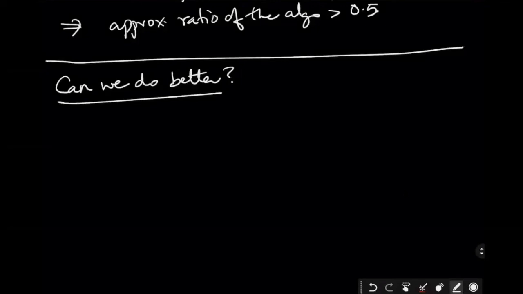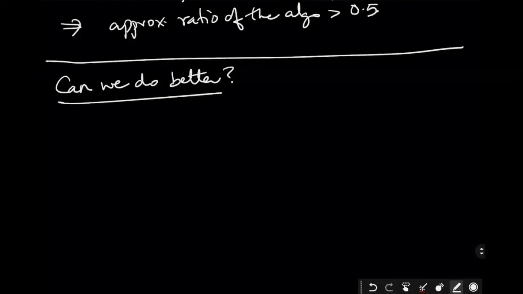So we designed a very simple, or actually, in retrospect, it was a very simple analysis. But as we talked earlier, it took a while for people to come to this point. We designed a simple algorithm that achieves 0.878 factor approximation. And so it's very natural to ask, can we do better? Alex was asking this question earlier. We can also think of it in terms of how can we improve this certificate?